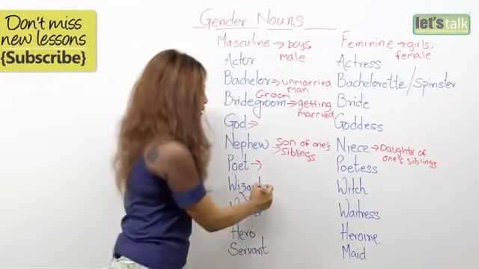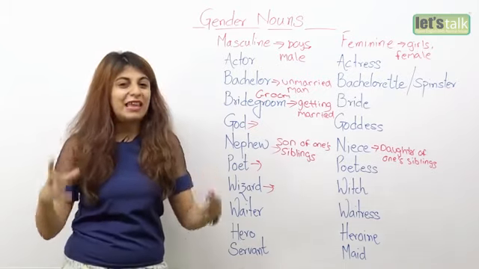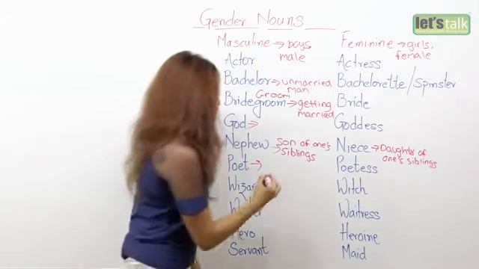The next one, wizard. So who is a wizard? Well, a man with evil magical powers.